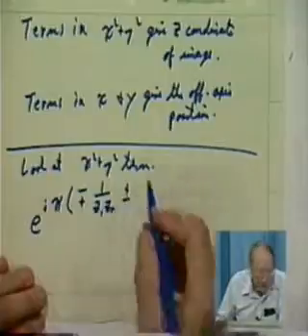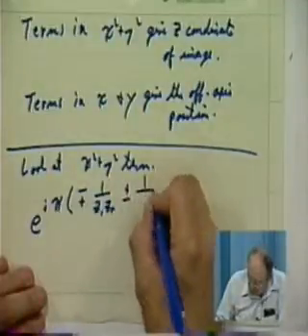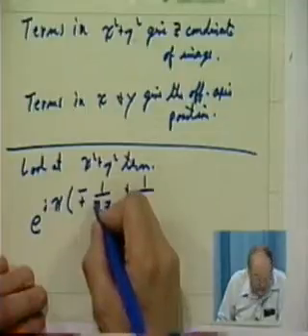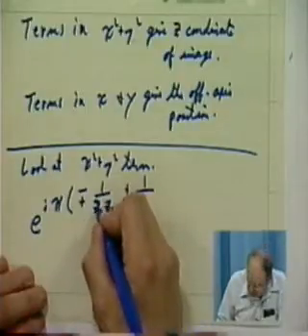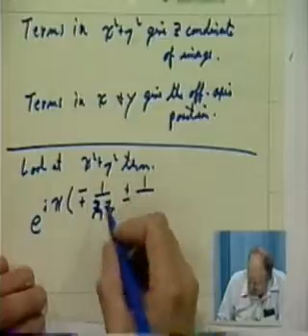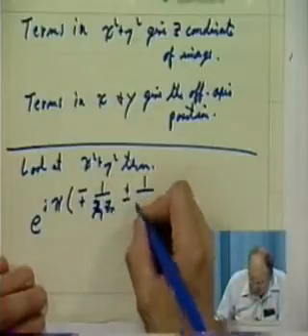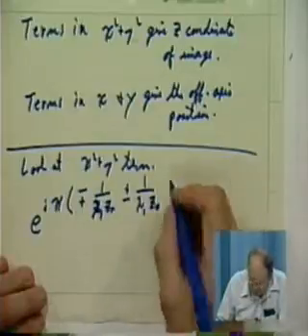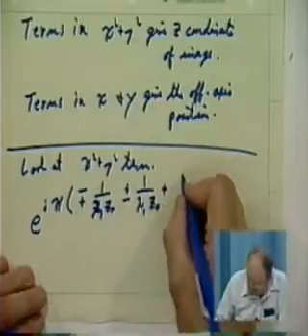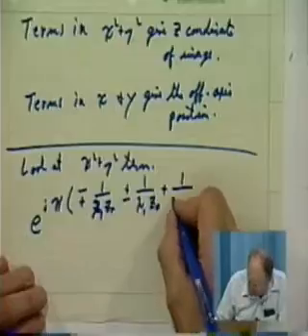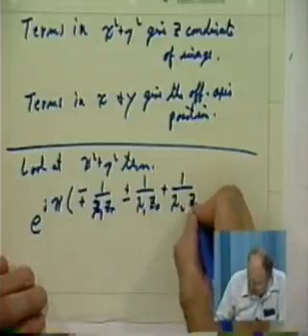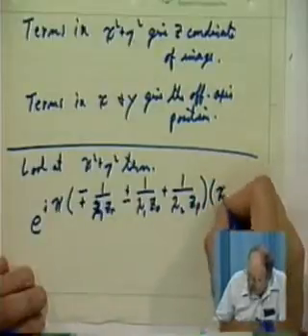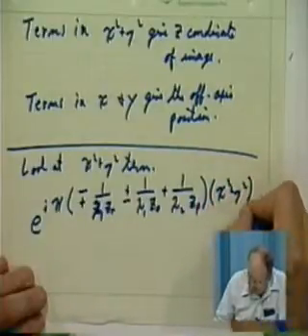So if this one is minus, this one is plus, 1 over lambda_1 z_0, plus 1 over lambda_2 z_p, times x squared plus y squared.